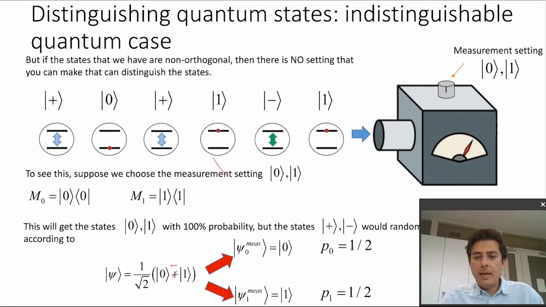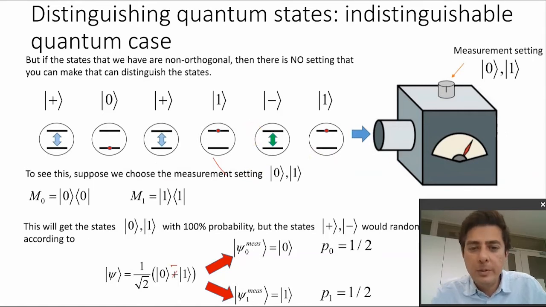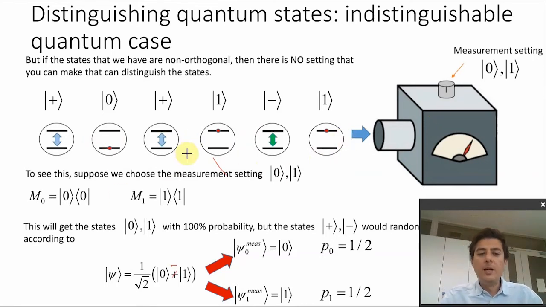And if I chose the plus minus settings, this would distinguish between the pluses and the minuses perfectly, but then that would mess up the settings on the ones and the zeros, and I couldn't tell the difference between these zeros and ones with probability 1. In fact, they would also give exactly the same probability distribution. Each of the ones and the zeros would give plus or minus with a 50% probability.